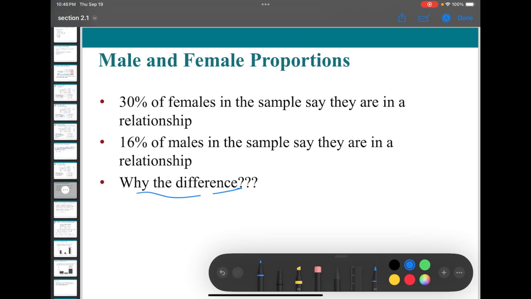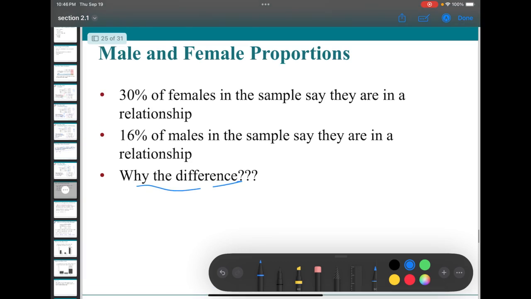What has happened? Actually, it can happen, and there are many reasons for that. It can be some natural situation. For example, for the females, their partners, the person they have a relationship with, can be outside this class or outside this sample.